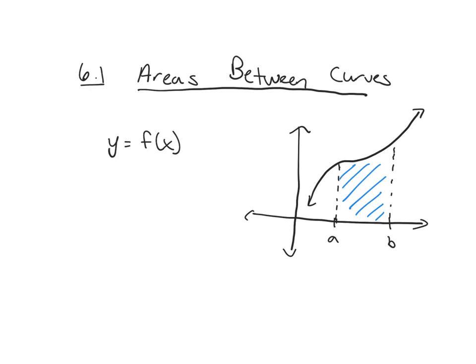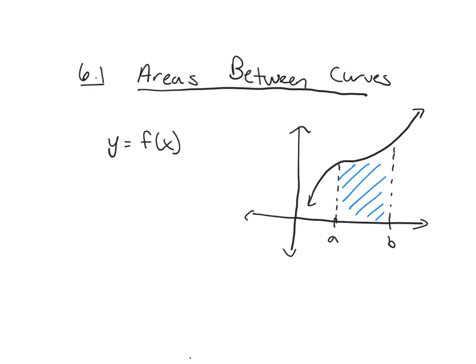So the way we calculate this area is, you could use Riemann sums to approximate, use rectangles, take the limit. As you take more and more rectangles, it gives you a better approximation. So the idea I'm reaching is the definite integral.